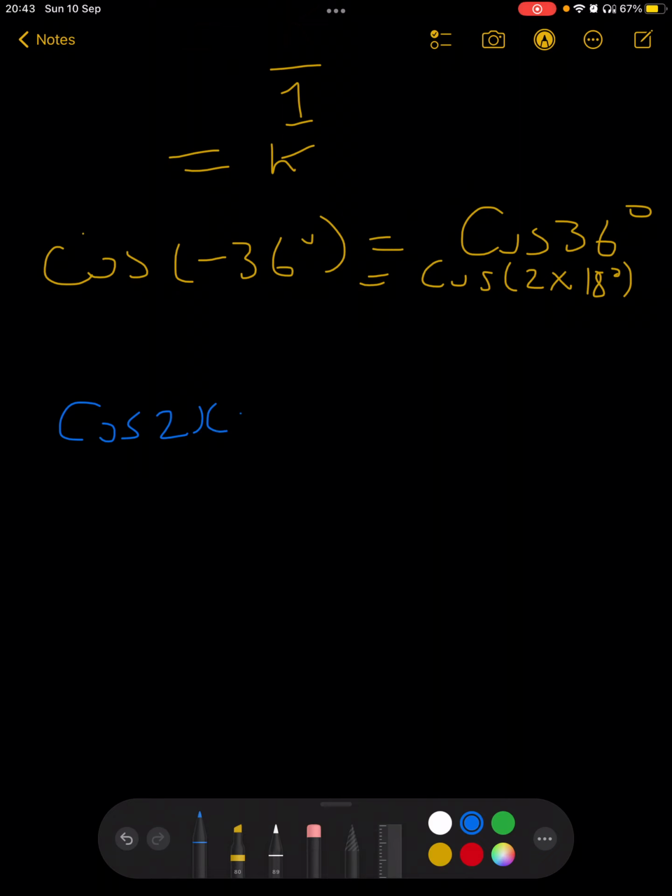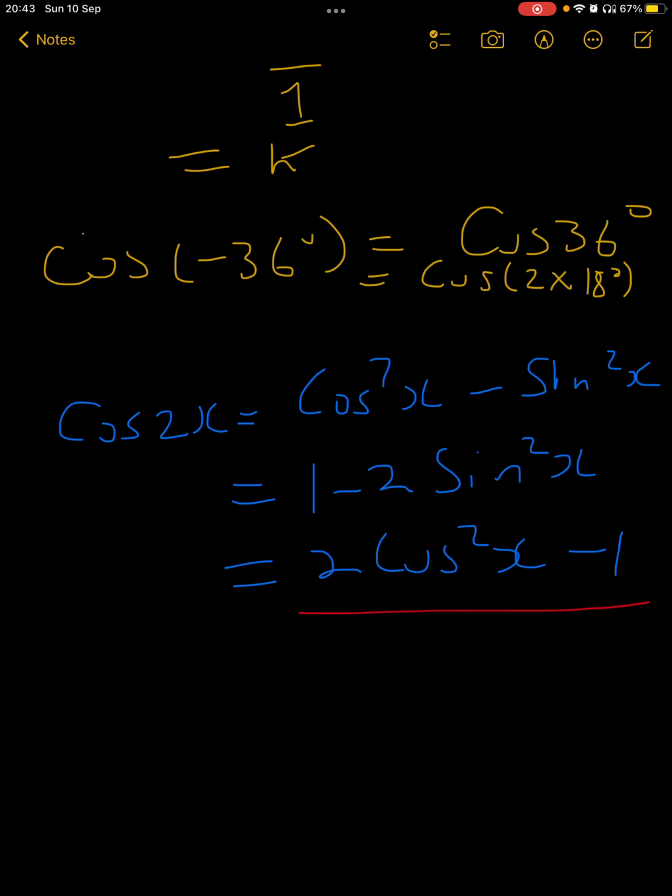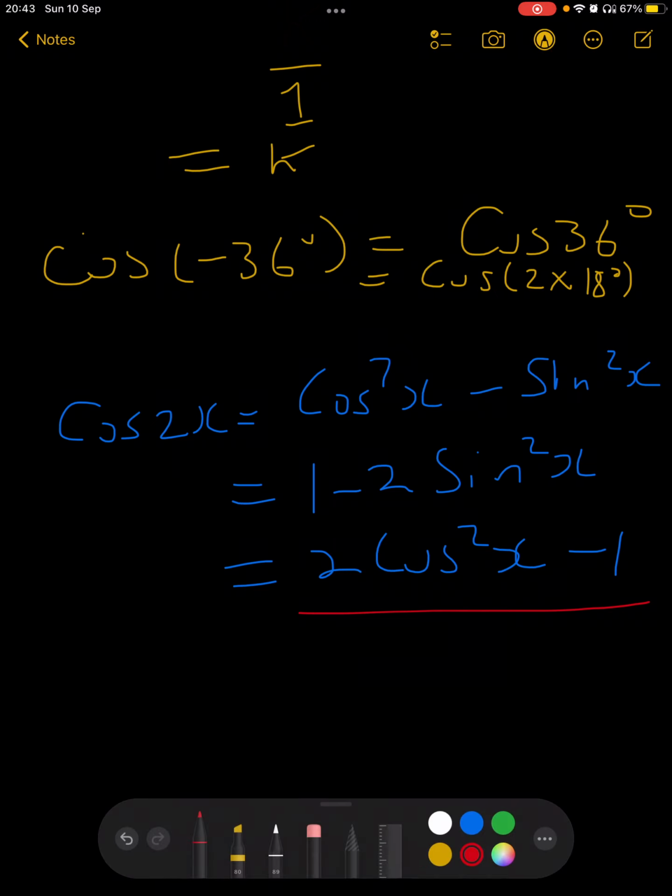Cos of 2x is equal to cos squared x minus sine squared x, or equals 1 minus 2 sine squared x, or equals 2 cos squared x minus 1. Therefore, since the question has cos, we're going to go with this last one.